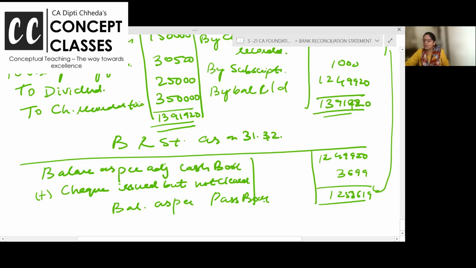Every problem we need not do by both the methods, but this was nice. You get an idea of what items will come where. So we have done: items which are not recorded in our books, recorded. Items which are wrongly recorded, corrected. And go ahead. Okay? This is the concept. And then you take the adjusted cash book and do the BRS.